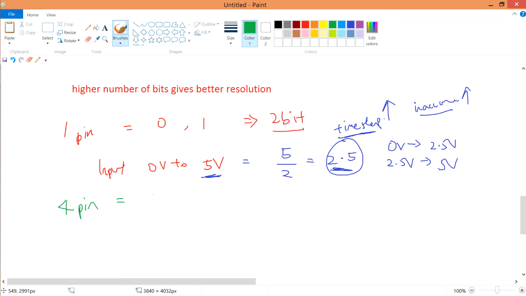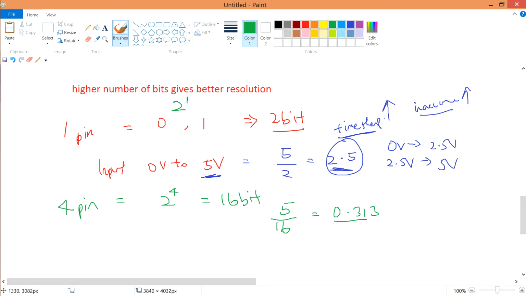For example, if you still doubt me, if I now have a 4-bit system, that means I will have 16 levels, because the equation states that 1 bit is 2 to the power of 1. If it's 4-bit, then it's 2 to the power of 4, and therefore 16. If I take the same input again, 0 volt to 5 volt, 5 divided by 16 is equal to 0.313, somewhere there.